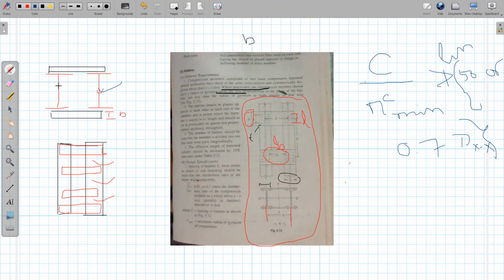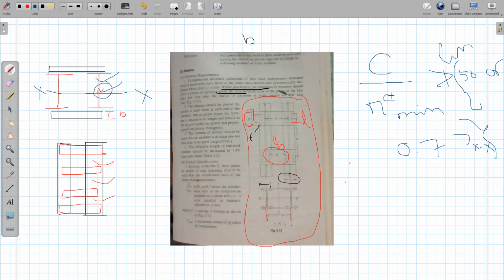C divided by RC minimum should not be greater than 50 or 0.7 times the slenderness ratio of the column member about the x-axis, parallel to the battens. Out of these two, whichever is the minimum that you take, and this minimum will multiply by RC.